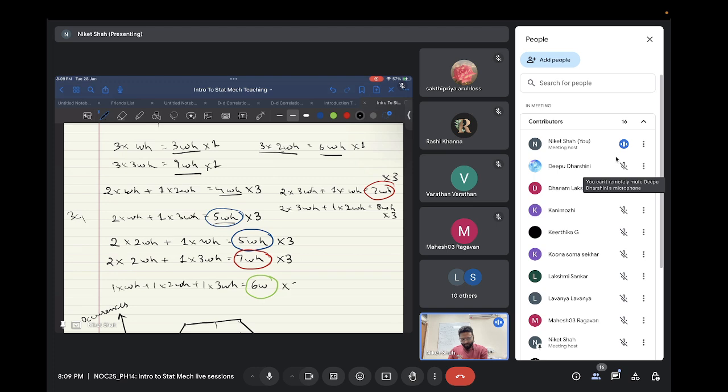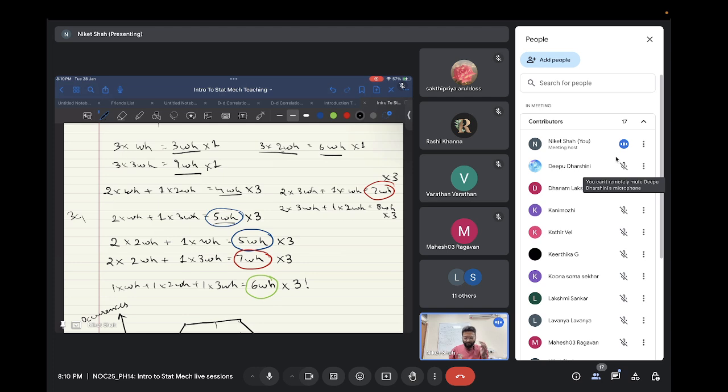This one has more arrangements. This has 3 factorial ways of arranging. The final arrangement is one person on staircase 1, one on staircase 2, one on staircase 3. How many arrangements are possible here? It is 3 factorial. I can shuffle any person anywhere. So that's why this 6 WH has 3 factorial arrangements.